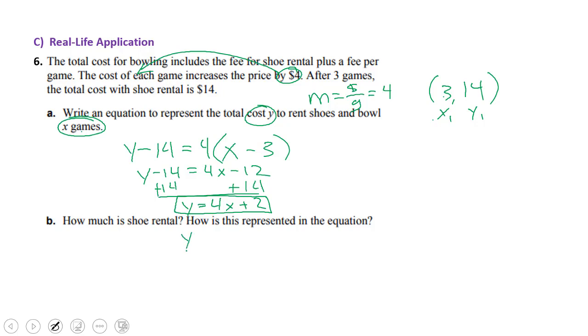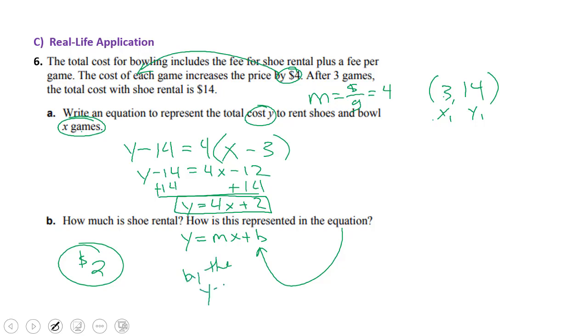Knowing our equation y equals mx plus b, the y-intercept is where we start. Before we bowl any game, we have to rent those shoes, so shoe rental is $2. How is that represented in the equation? It's represented by b, the y-intercept.